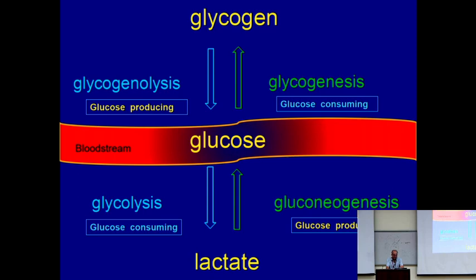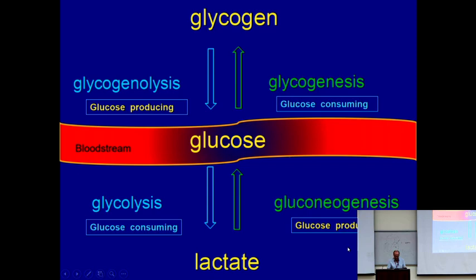Okay, so this is important in the big picture. I remember actually when a student a long time ago came up to me and said, you know, Dr. G, the gluconeogenesis doesn't happen all the time. I said, you sure? And he said, yeah, it seems like.